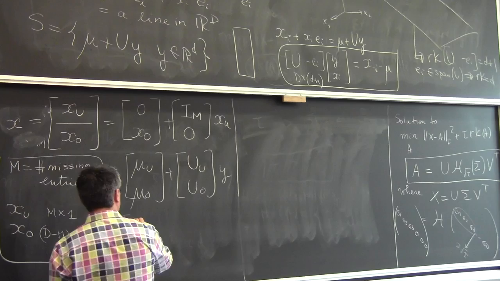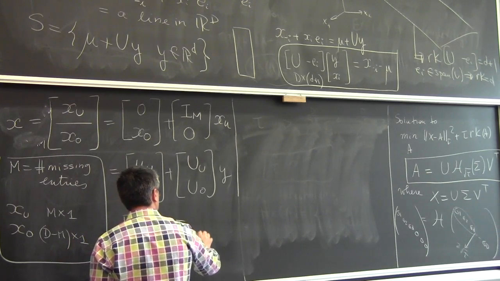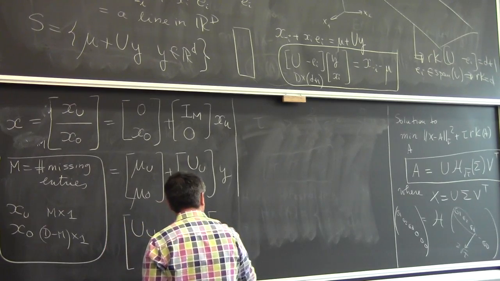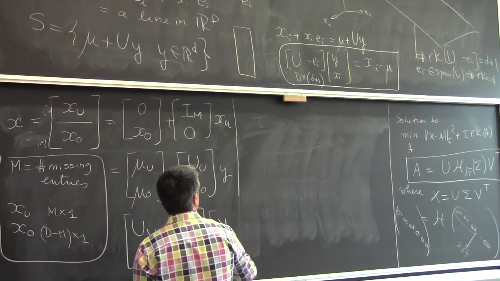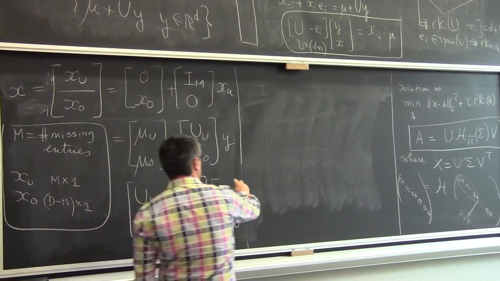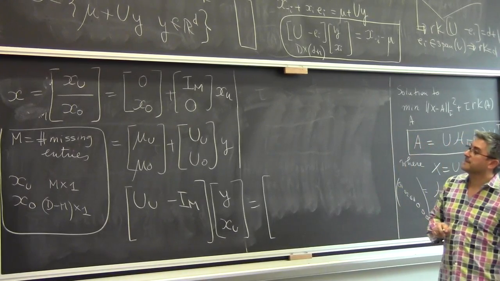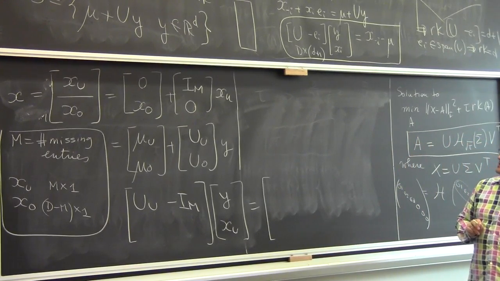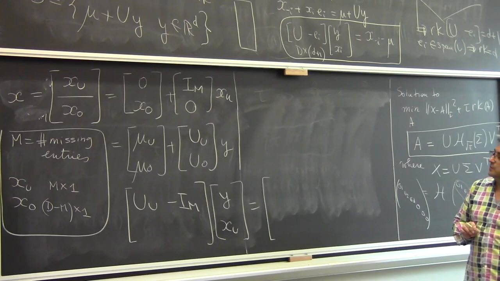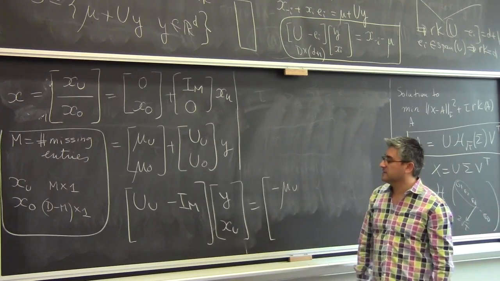U unobserved, minus I_m, times y times x_U is equal to, let's see, U times y plus minus that is equal to, I think, minus mu unobserved.